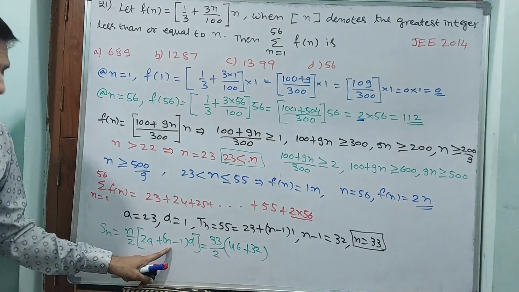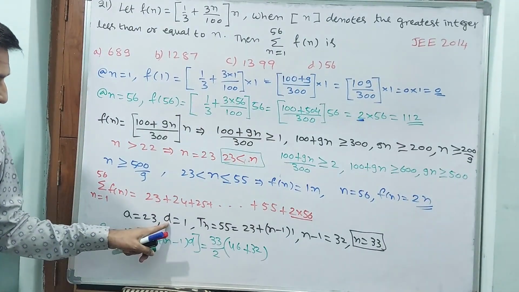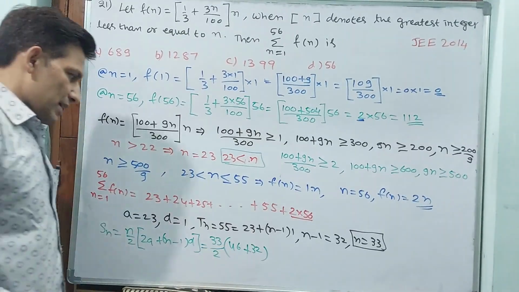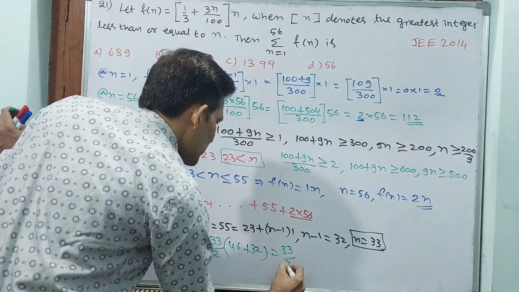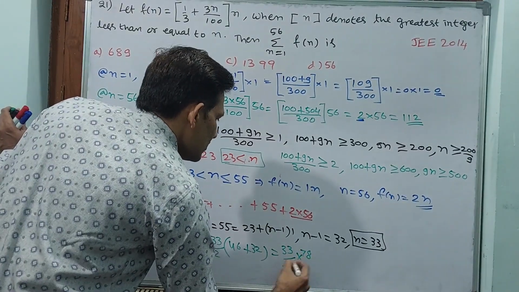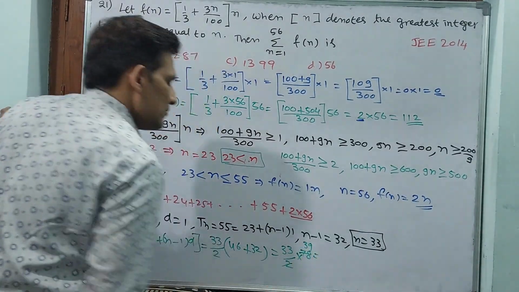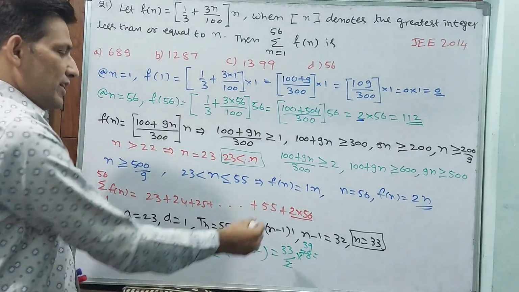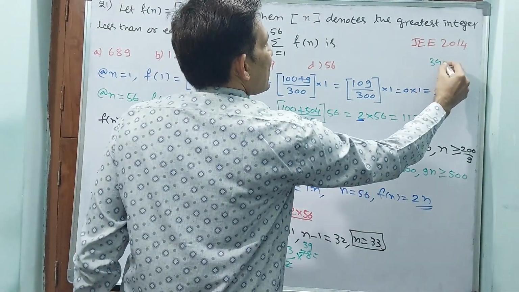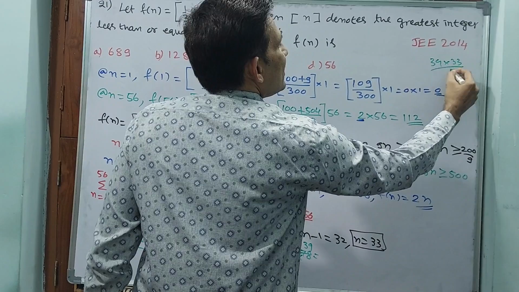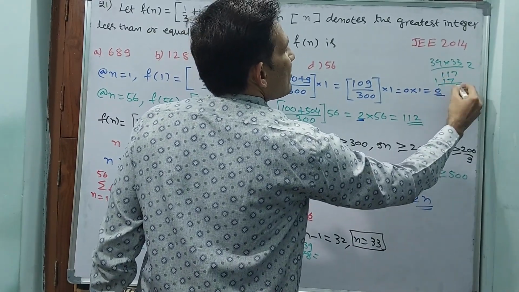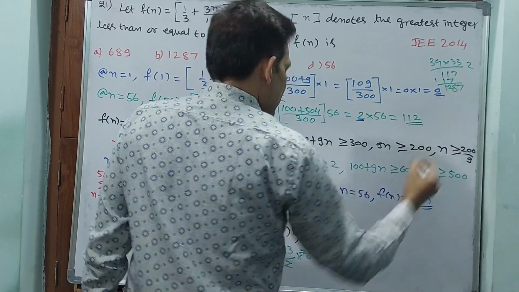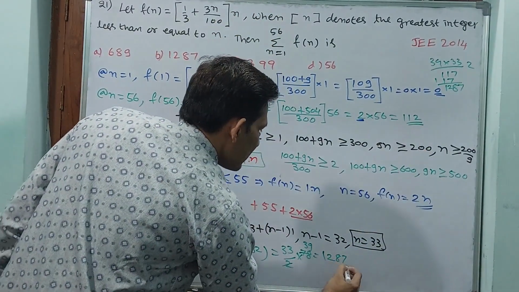N is 33, 33 minus 1 is 32, 32 into d, 1, 32 only. 46 plus 32 is 78, so 33 by 2 into 78, which is 33 into 39. 3 9s are 27, 3 3s are 9, 117, again 1287. This value is 1287.